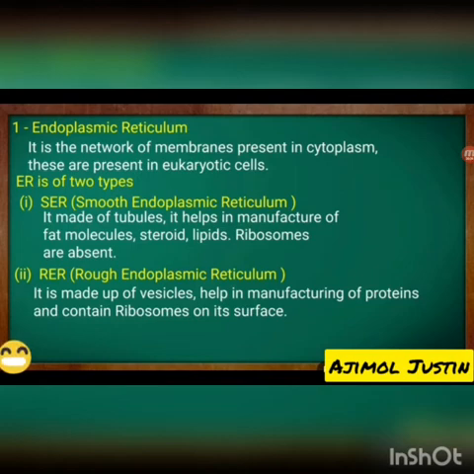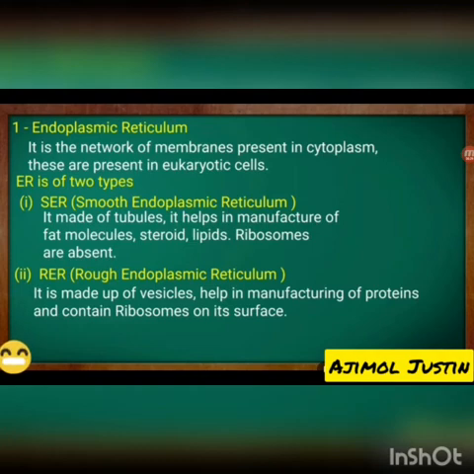These are present towards the nucleus so that it can communicate messages from nucleus to the cytoplasm. Now, endoplasmic reticulum are of two types. One is a smooth endoplasmic reticulum and the other is rough endoplasmic reticulum.